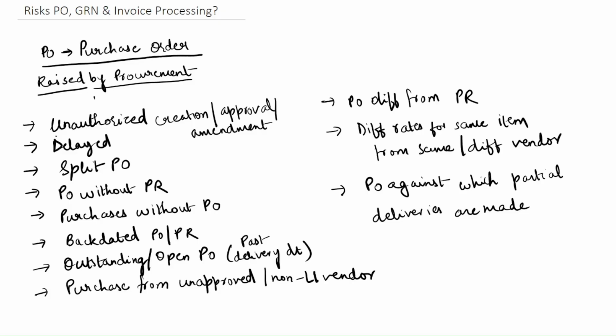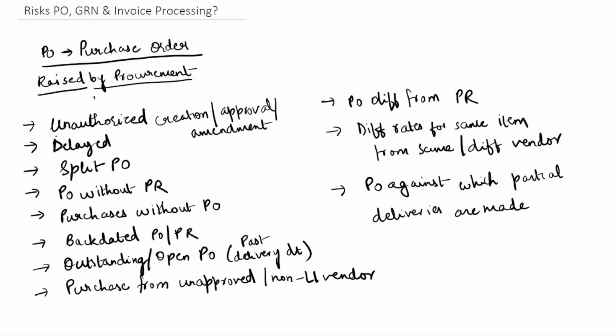Next thing you can check for is POs which are raised without purchase requisitions, and also POs where the quantity or the items are different from what has been specified in the purchase requisitions.